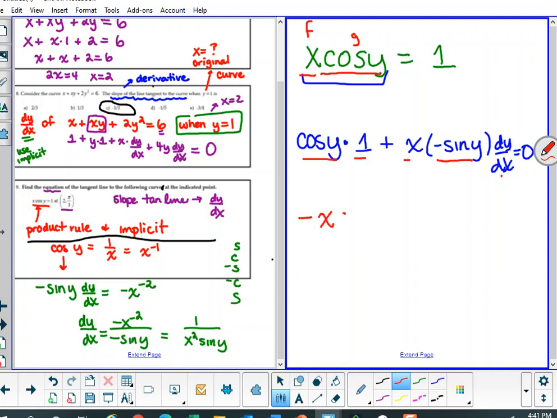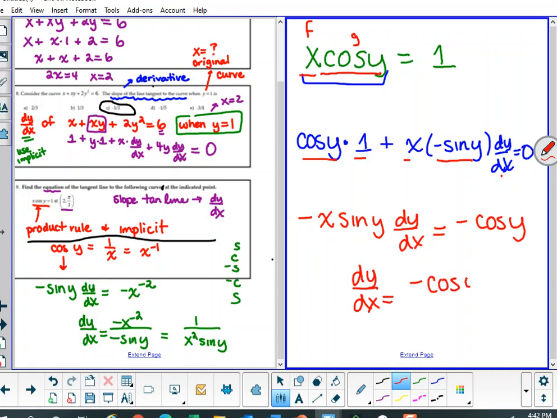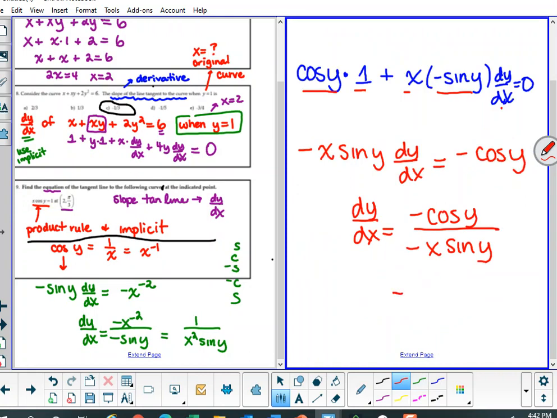So negative x sine y dy dx equals negative cosine y. So dy dx would equal negative cosine y over negative x sine y. So that would be cosine y over x sine y.